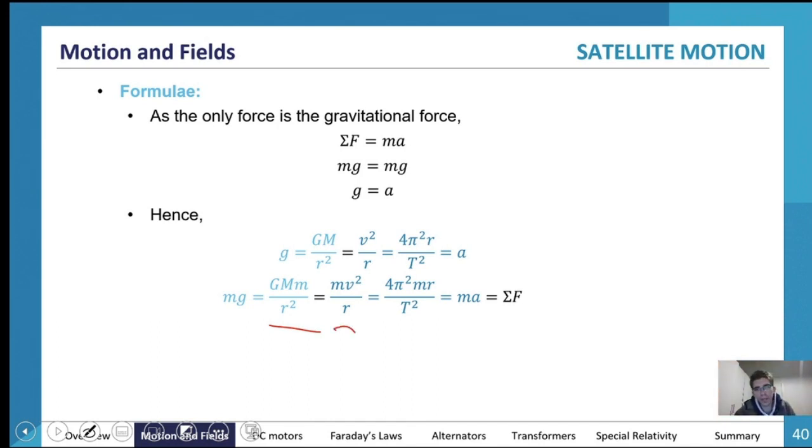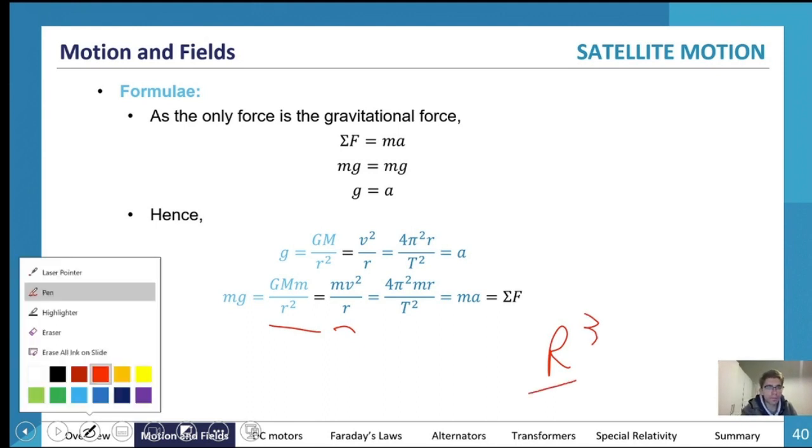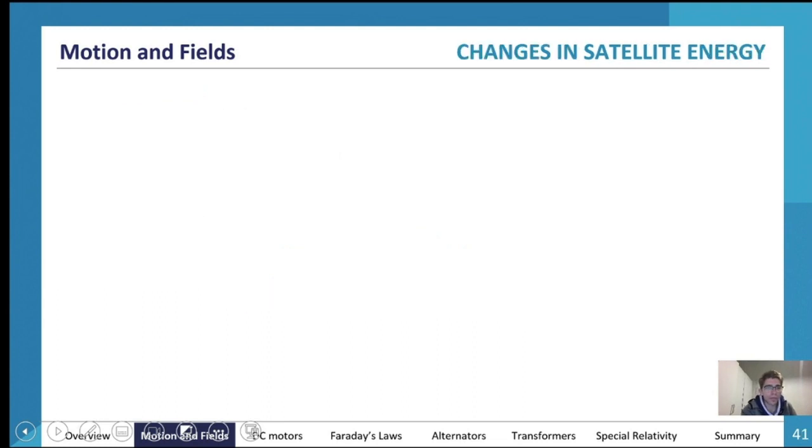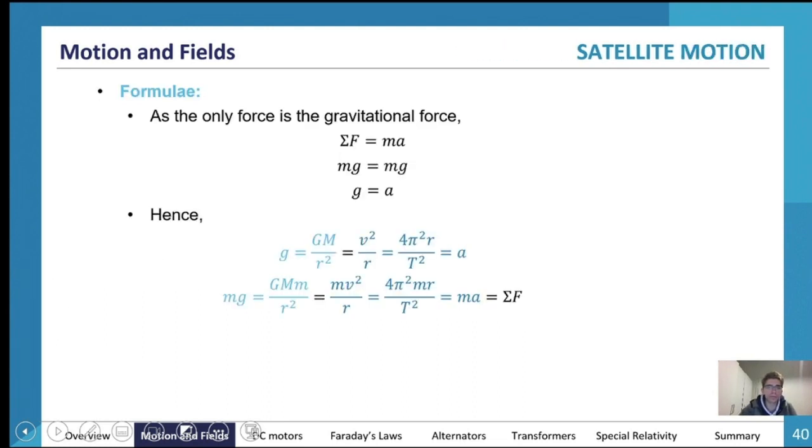If we simplify that, we get Kepler's law, which is r cubed on T squared, which is equal to GM on 4 pi squared.